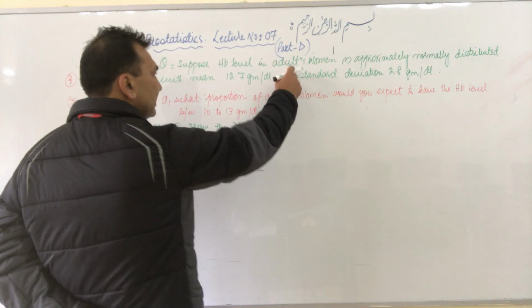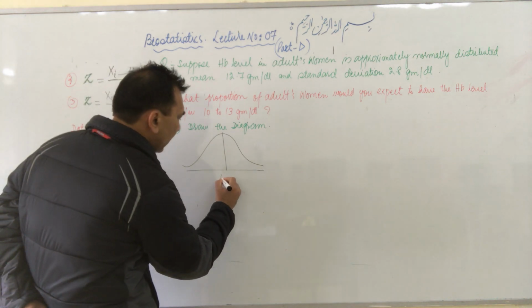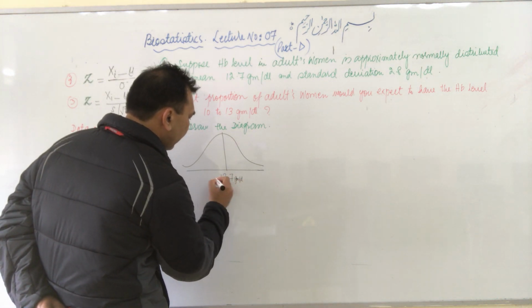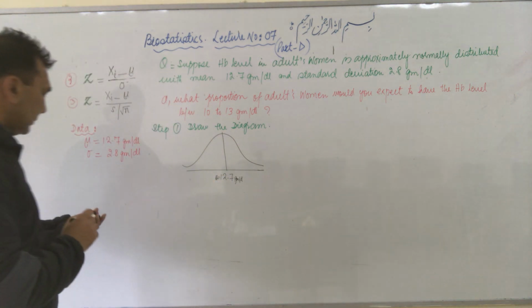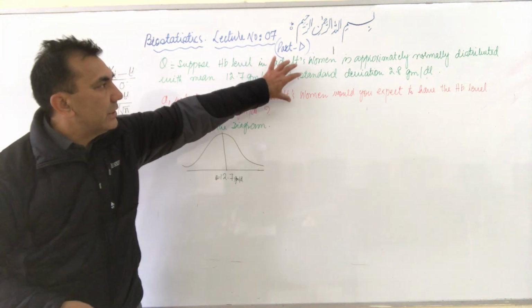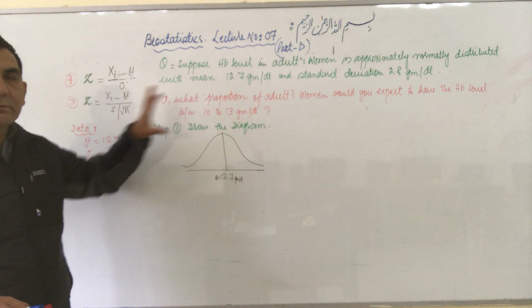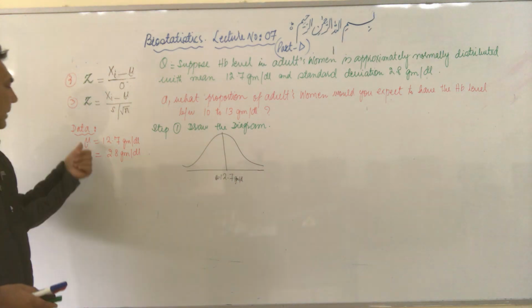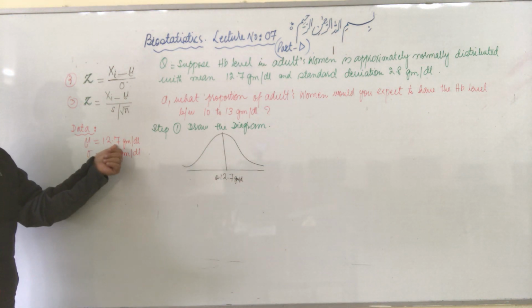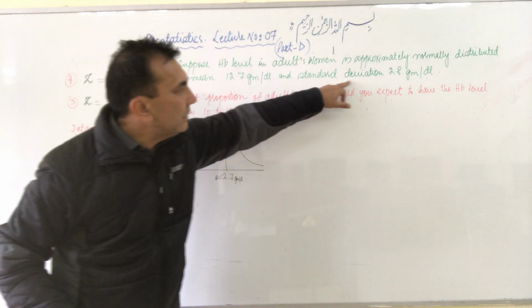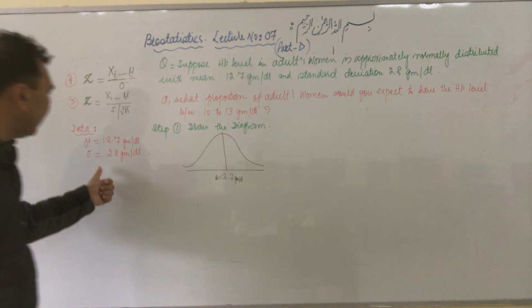So the mean of this data, mu, is 12.7 gram per deciliter, and the standard deviation is 2.8 gram per deciliter.